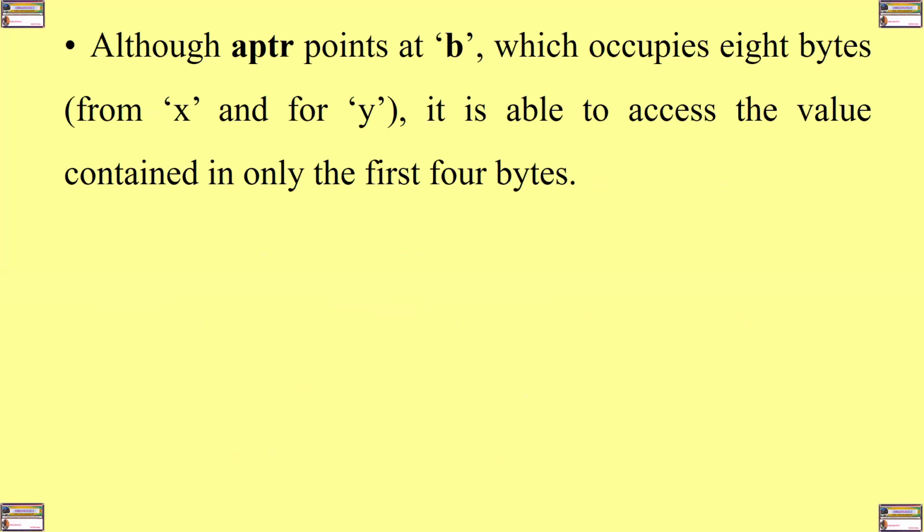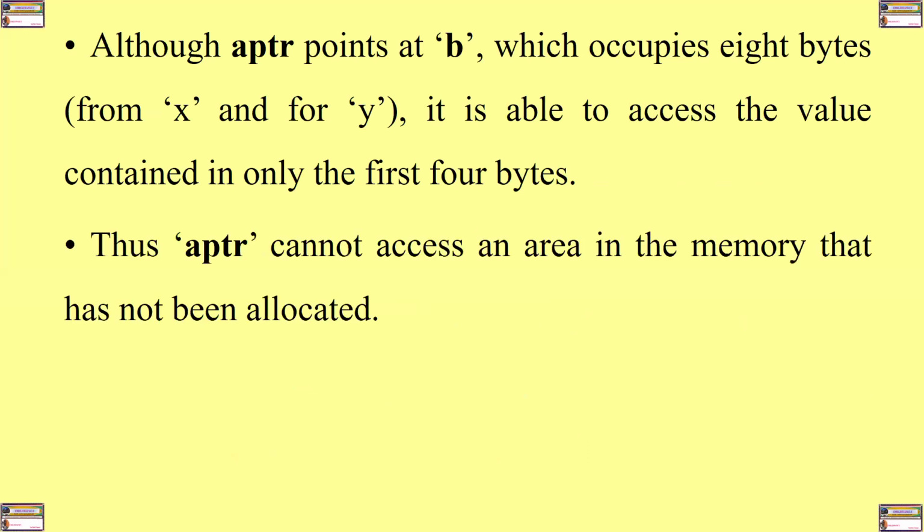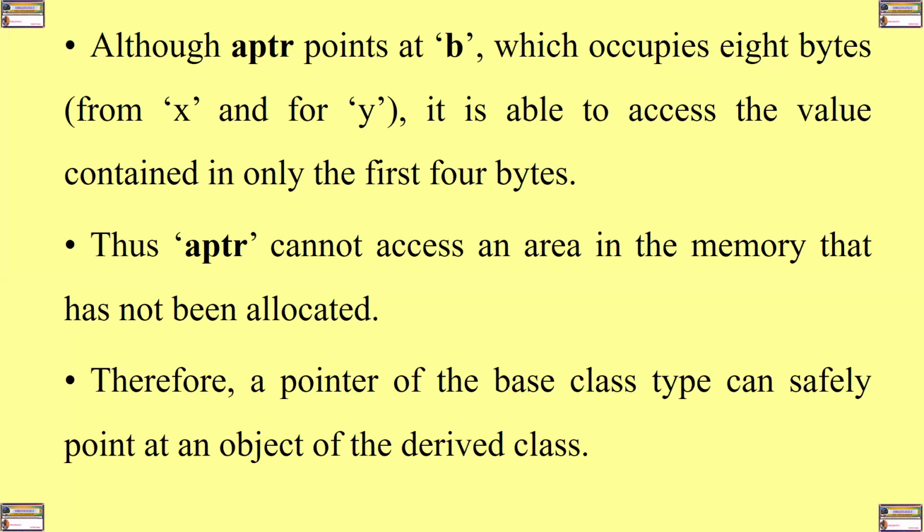Although the pointer for class A, the base class, points at class B, which occupies 8 bytes, that is X and Y, it is able to access the value contained in only the first 4 bytes. Therefore, the APTR cannot access an area in the memory that has not been allocated.